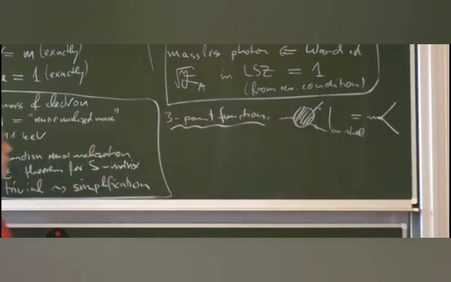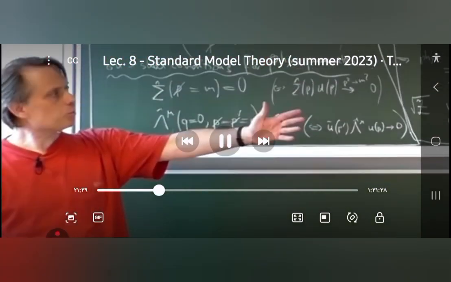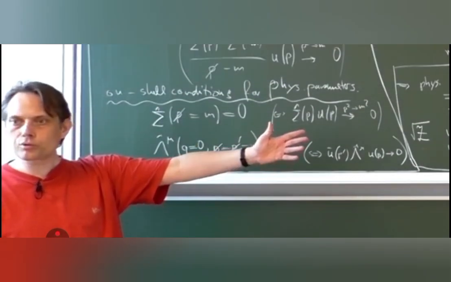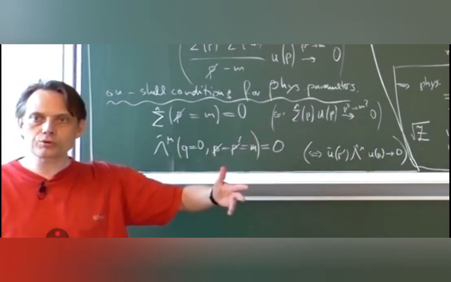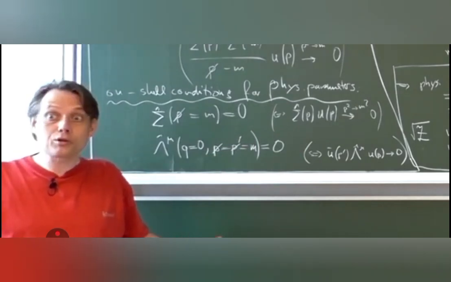This is what our renormalization condition tells us. So at on-shell momenta, where everything is on-shell, all the loop corrections vanish. Therefore, the 3-point function becomes equal to its tree-level approximation. So tree-level becomes exact by definition.